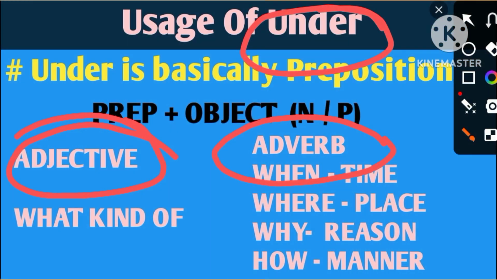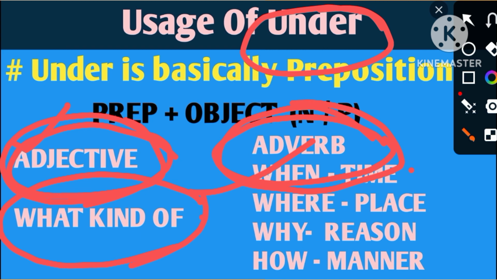Whenever it is used as an adjective, it says something about the noun. That means it answers the question of what kind of. If you ask the noun by what kind of, you will get this answer. And whenever it is used as an adverb, if you ask the verb by when, the answer will be the adverb of time.